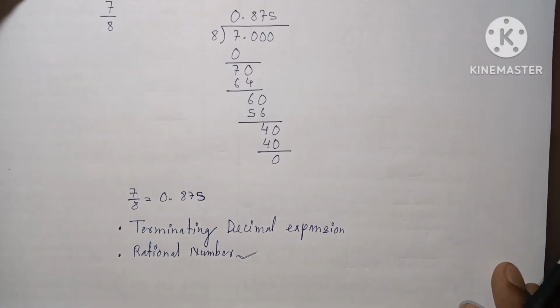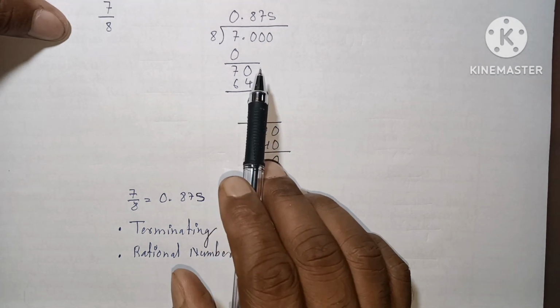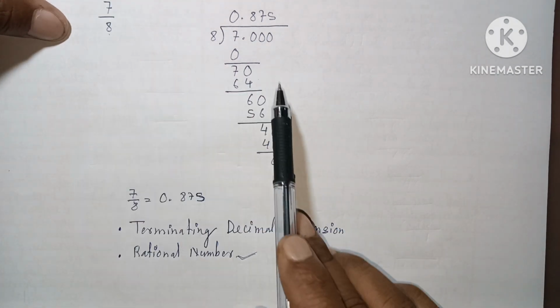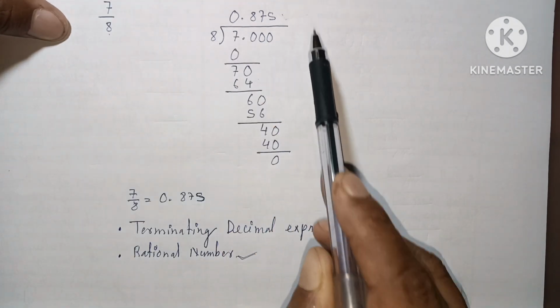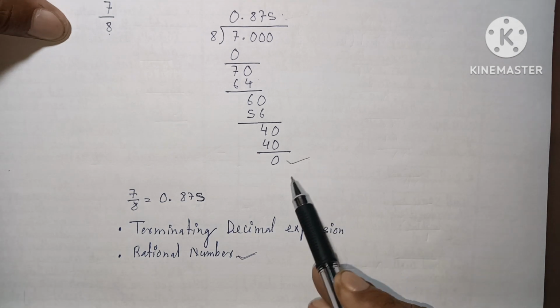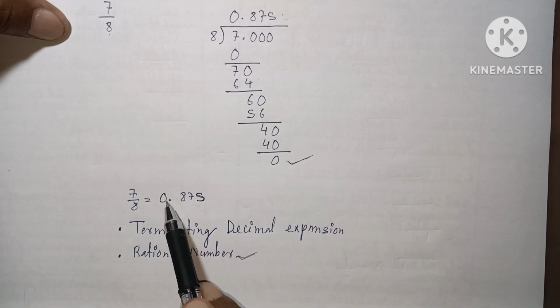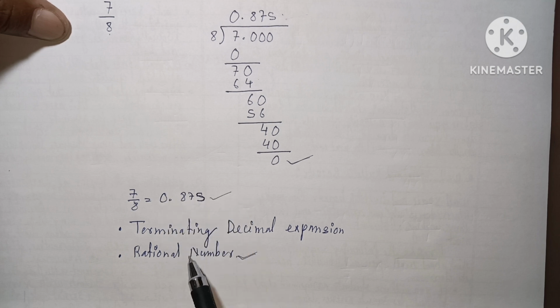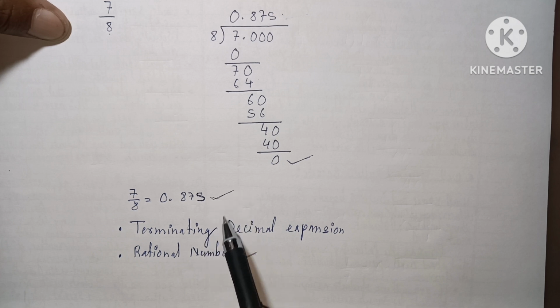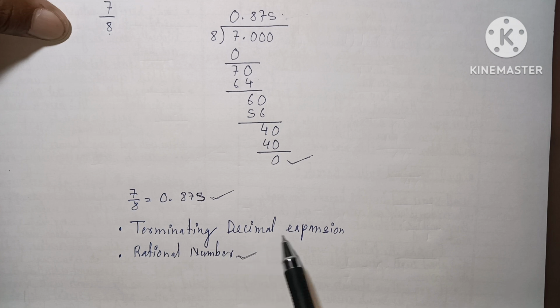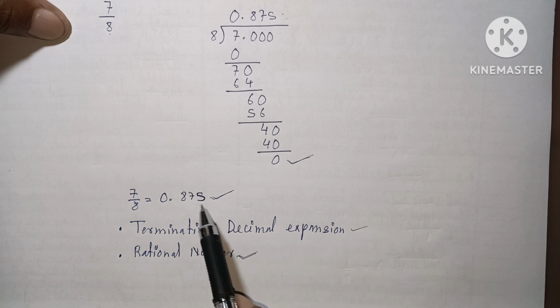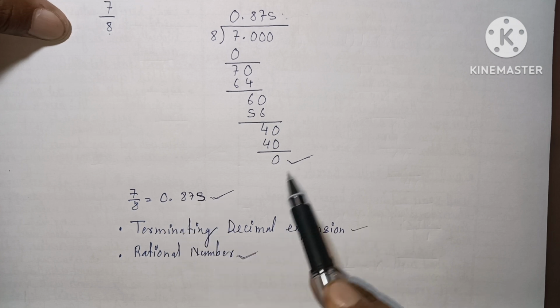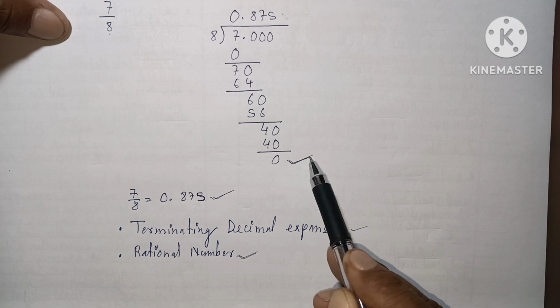Now see this division, 7 by 8. Here the remainder comes to 0, which means the division terminates. 0.875: after 3 digits the division is finished. Such a decimal expansion we call a terminating decimal expansion, because the remainder came 0.